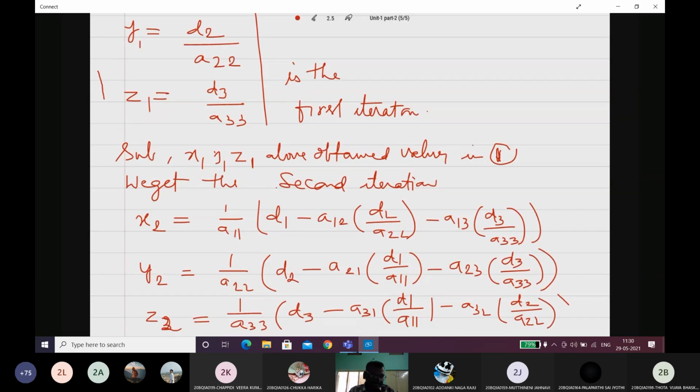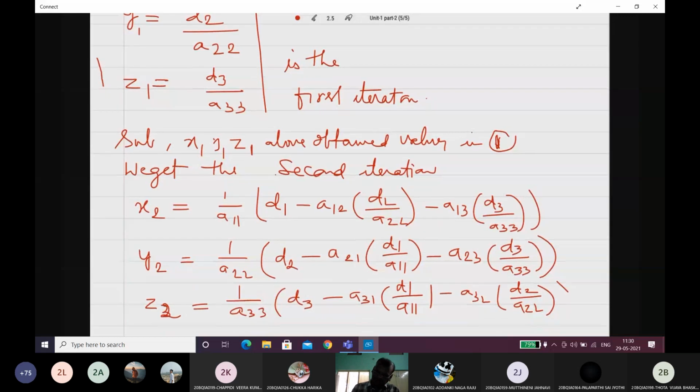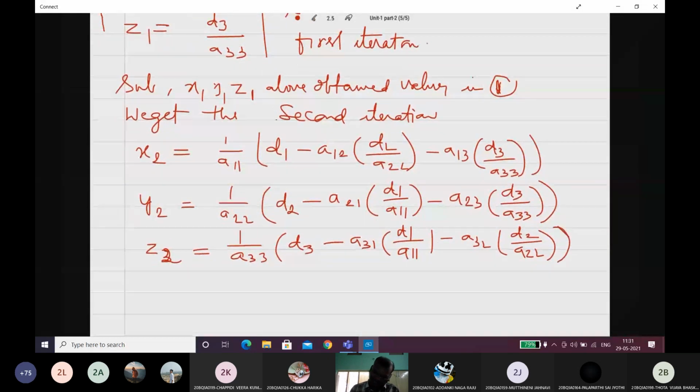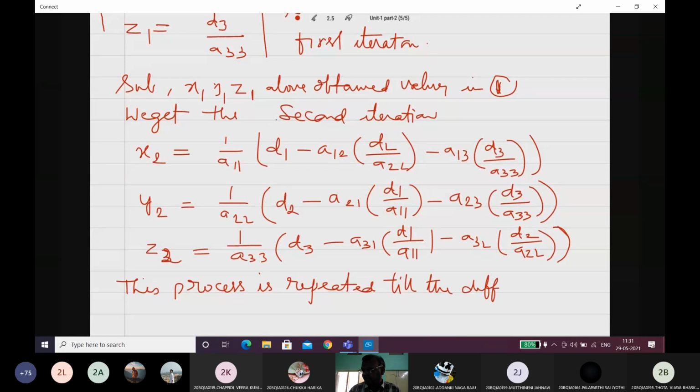This process is repeated till the difference between two consecutive approximations, two iterations, is negligible.